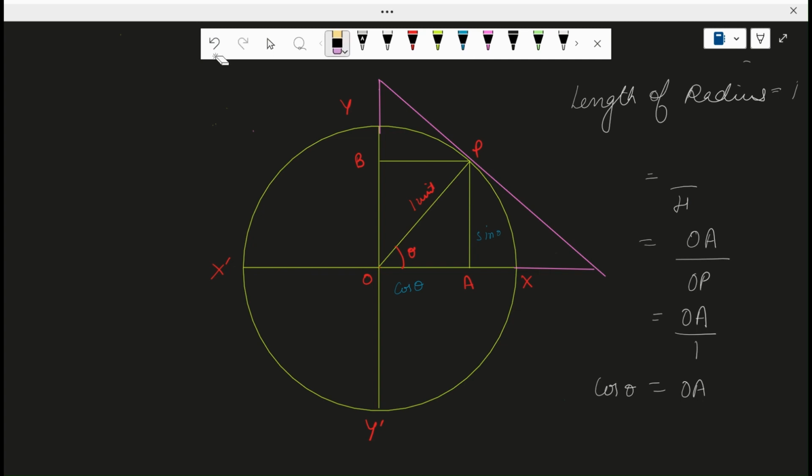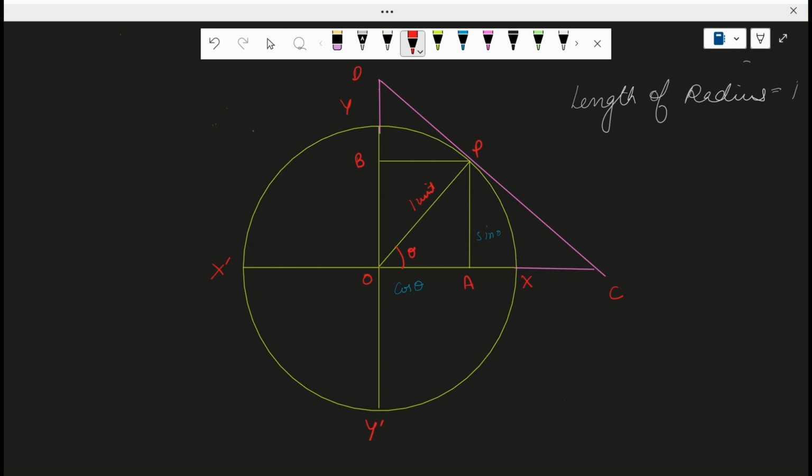Now I have taken here a tangent. Let this tangent be CD to the circle, and let us now calculate what our tan theta will be.